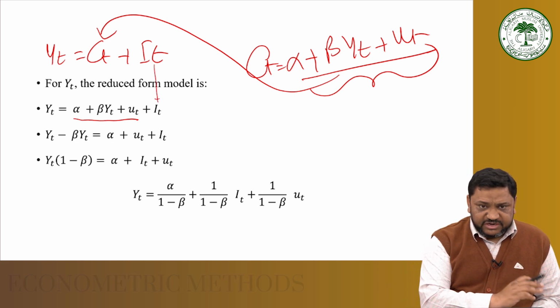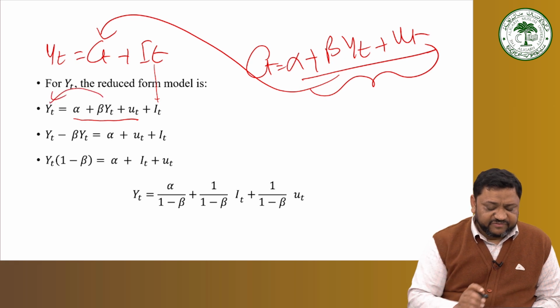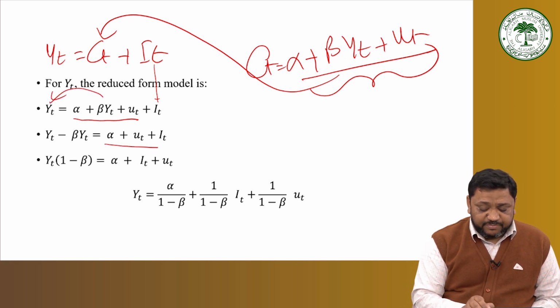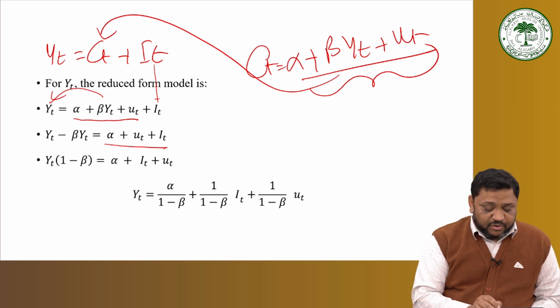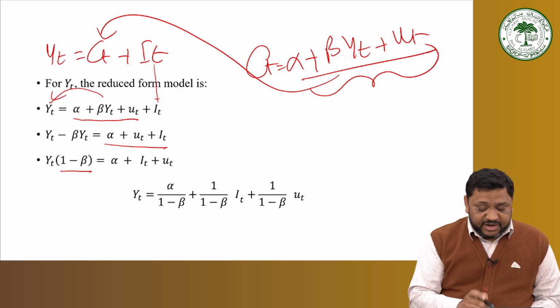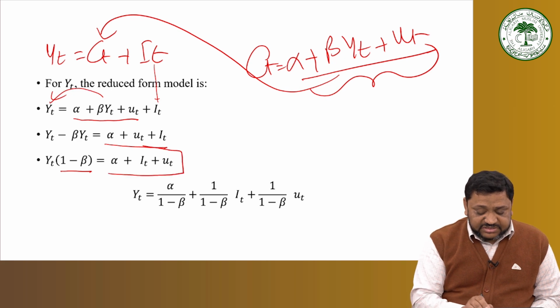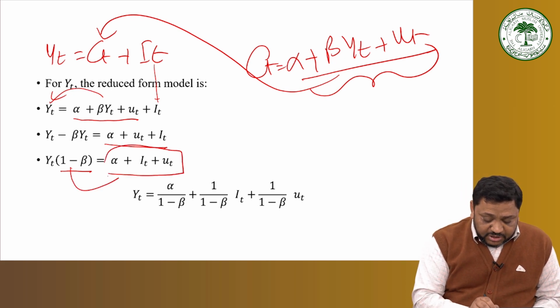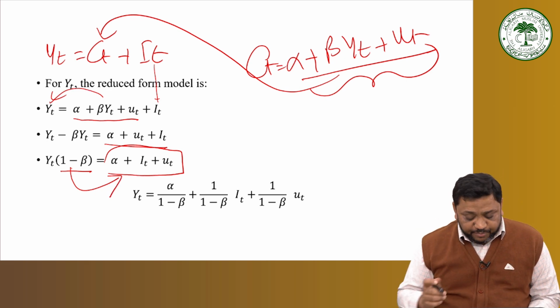We take the yt terms to the left hand side, so it becomes yt minus beta yt is equal to alpha plus ut plus it. Now taking yt common, we have yt times 1 minus beta is equal to alpha plus it plus ut.